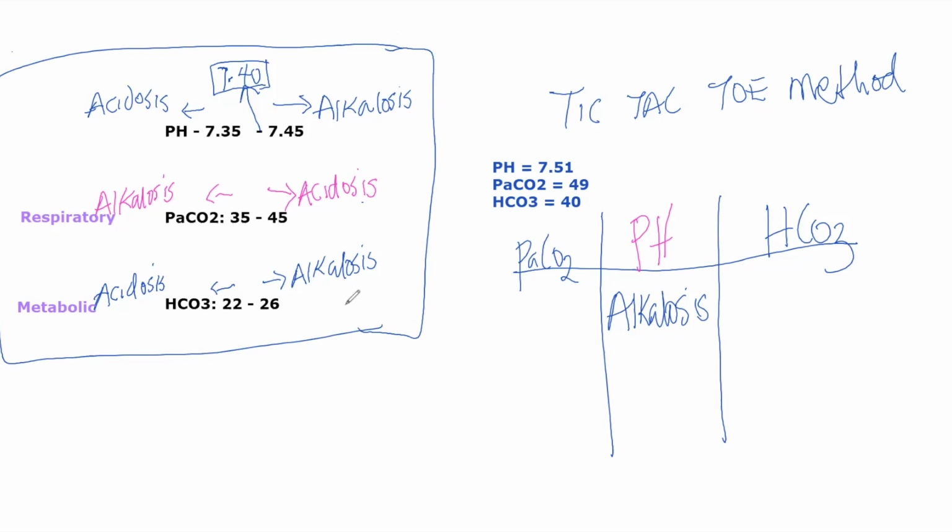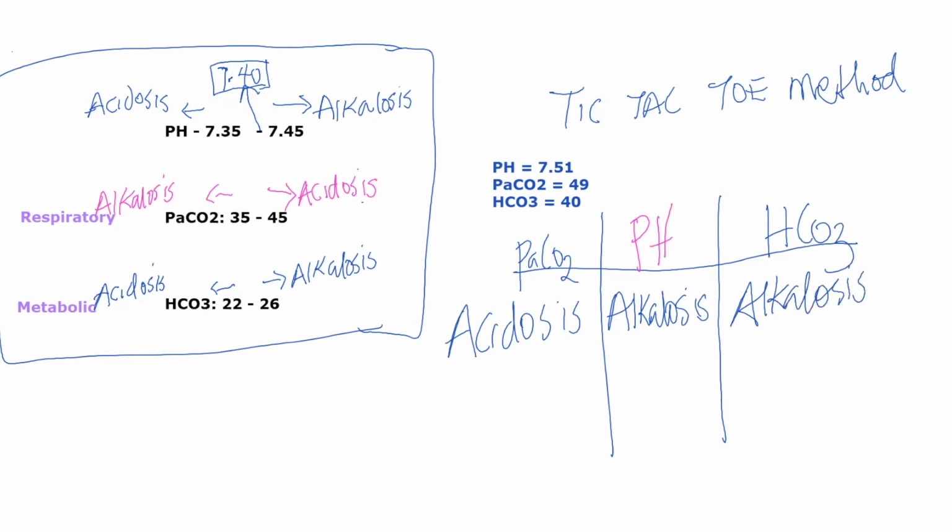So my PaCO2 of 49 is acidosis, and my HCO3 of 40, going back to my reference point, is greater than 26, so it is alkalosis.